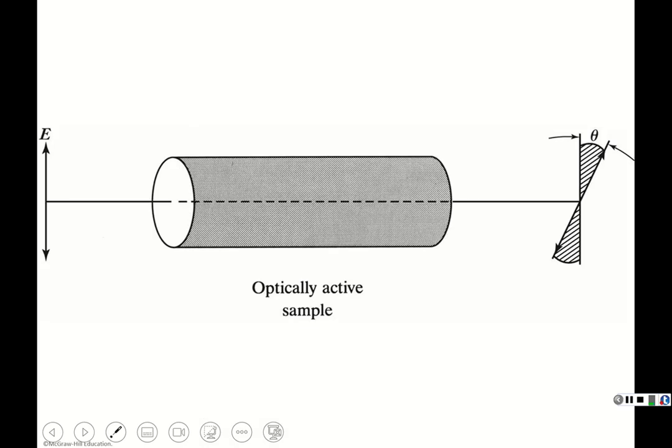If you send polarized light through an optically active sample, you see that the polarization rotates a certain number of degrees, and that's how you can tell whether this is the R or the S, the left or the right enantiomer of this compound.